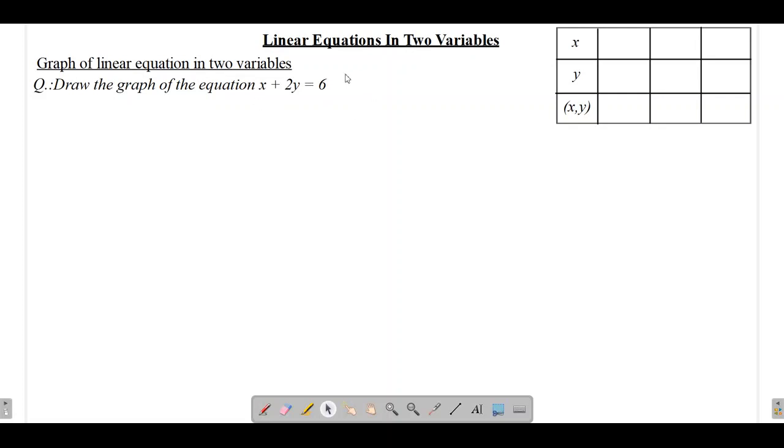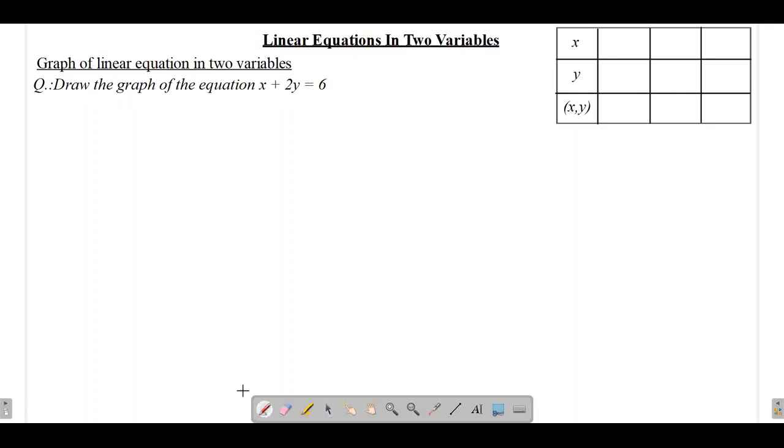And also in the previous lecture we studied how to find the solution of a linear equation in two variables. So we will be using both of these things from the previous classes and try to draw the graph of the linear equation in two variables.